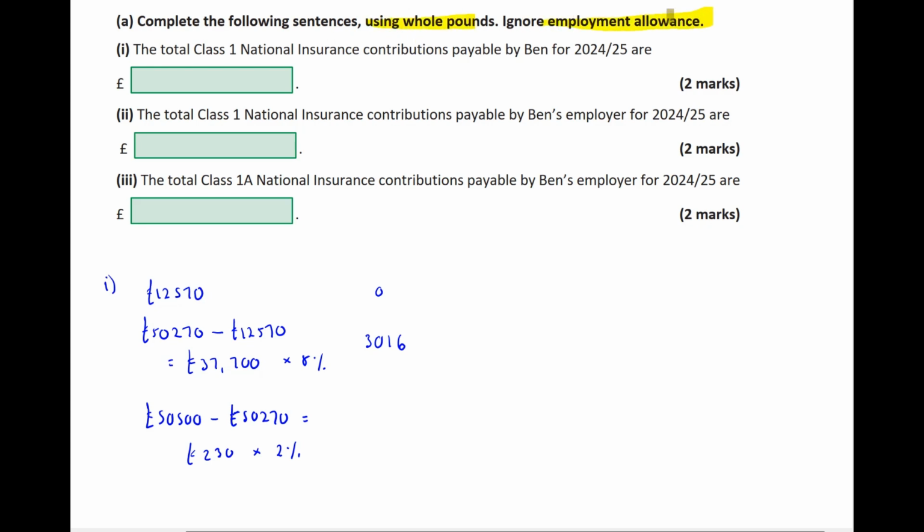It's only really relevant when we do the employer's contribution anyway. The total comes out at £3,020.60, but I've got to present my answer in whole pounds, so I'm going to round it up to 3,021. And that's worth 2 marks.